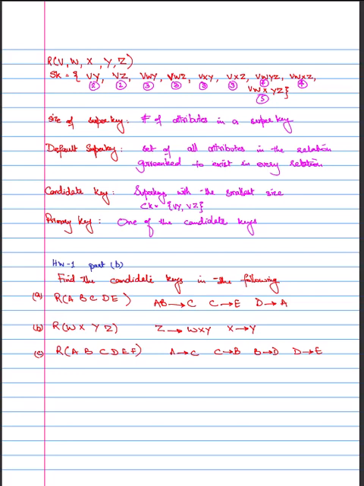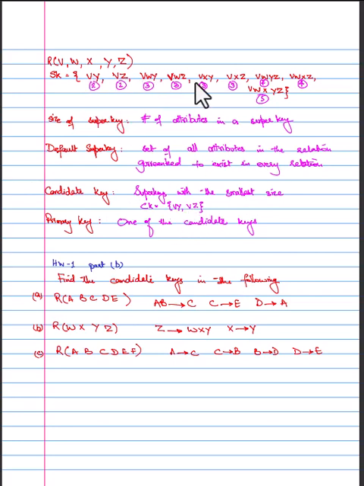So there can be multiple candidate composite attributes or attributes possible for declaring as a primary key. So what is the candidate key? Super keys with the smallest size.